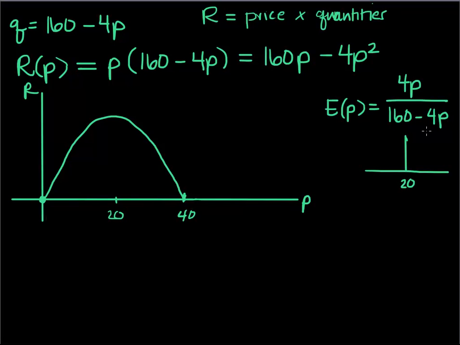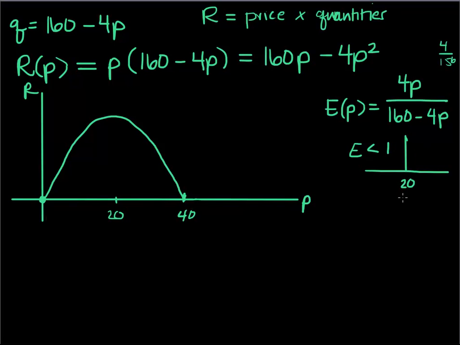I want to look at where my elasticity is greater than 1 or less than 1. Let's plug in the number 1, just plugging to the left of 20. I would get 4 over 156, which is definitely less than 1.